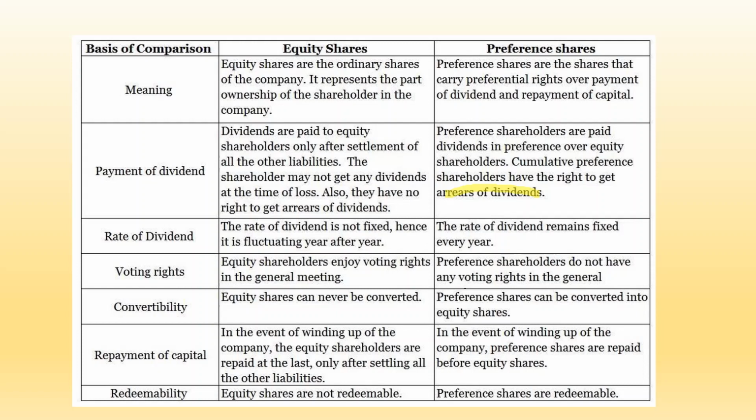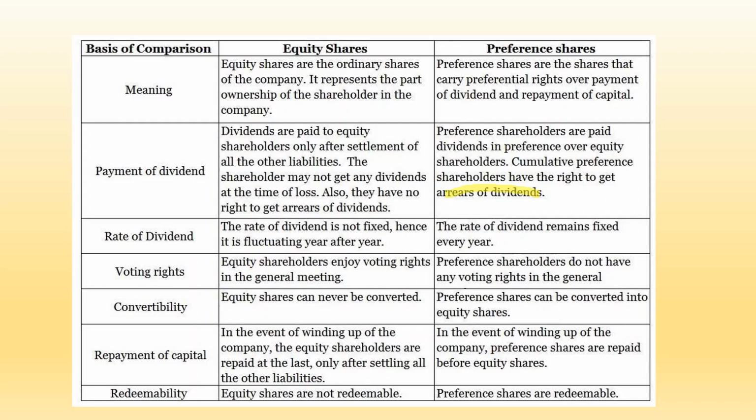Then voting: equity shares have voting right in general meetings. Preference shares don't have voting right in general meetings. Equity shares cannot be converted, but preference shares can be converted into equity shares. Then repayment of capital. In the event of winding up of the company, equity shares are repaid last, only after paying everything to other liabilities; if anything remains, we give it to equity shareholders.